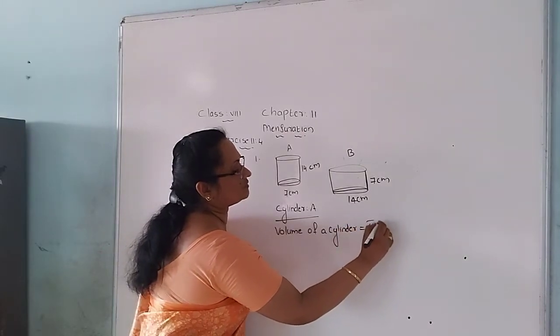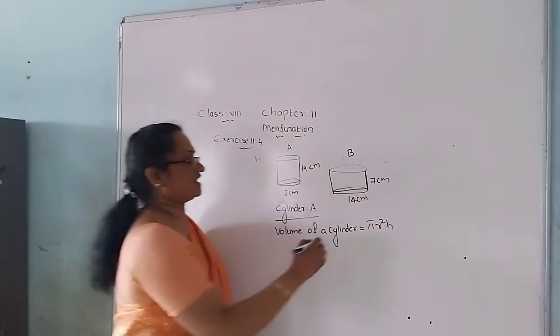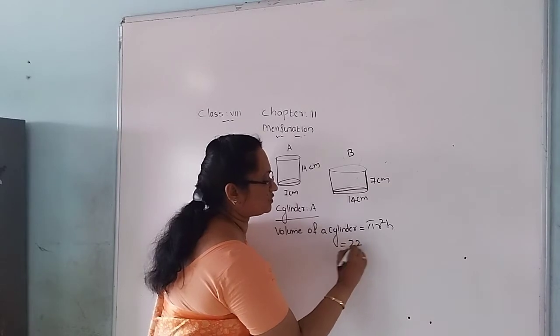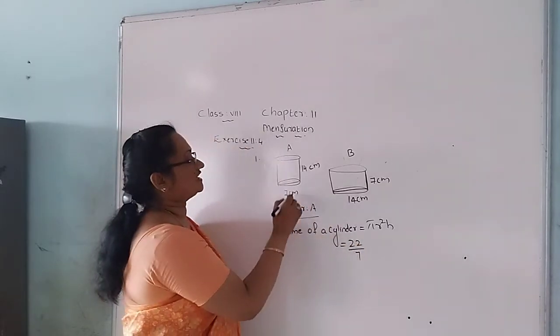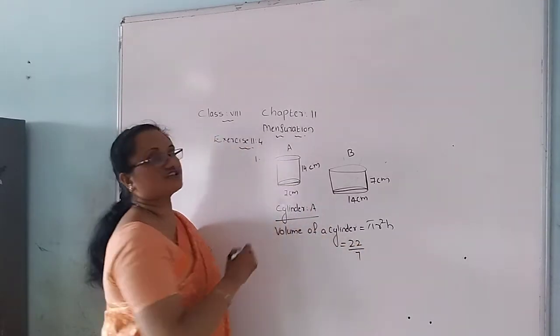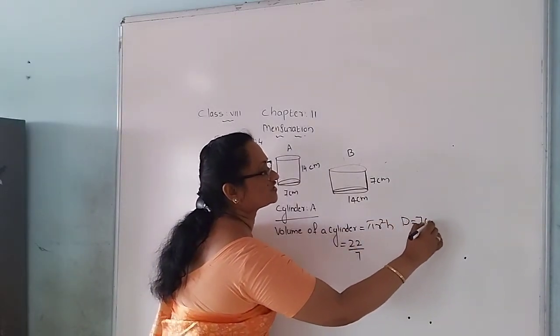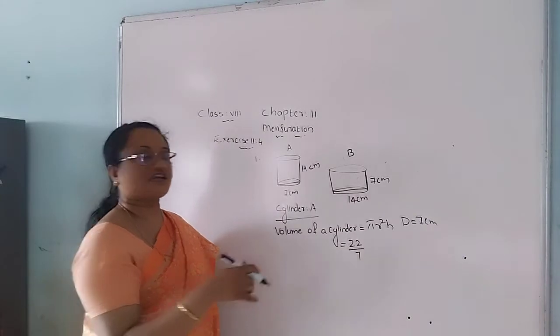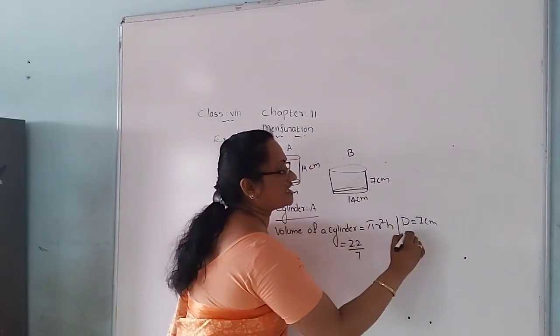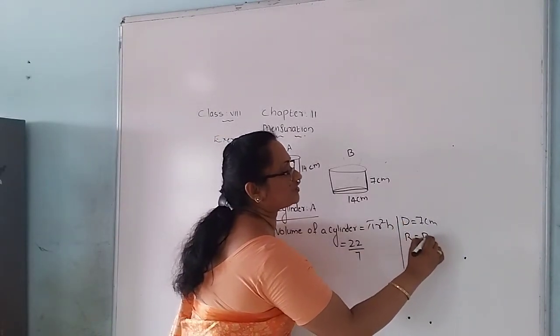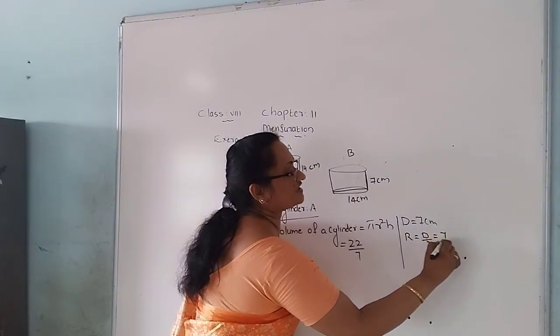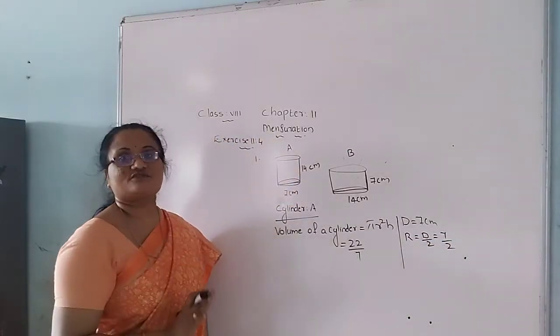Pi is 22/7. Here the diameter is given, D is 7 centimeter. Convert the diameter into radius. Radius is half of the diameter, so half of 7, that means 7/2.